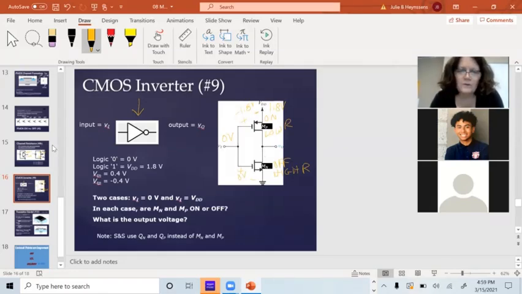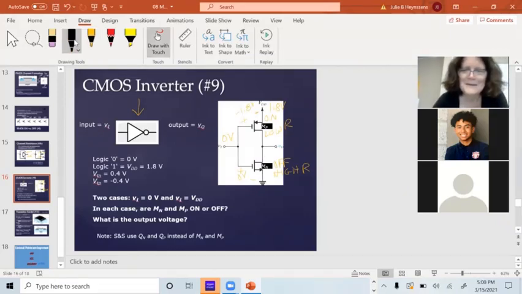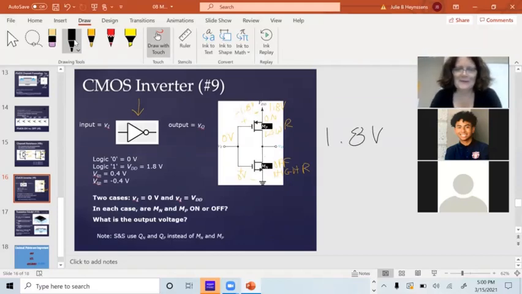I've got a low resistance to VDD, a high resistance to ground. This is going to come up to be about 1.8 volts. Okay.